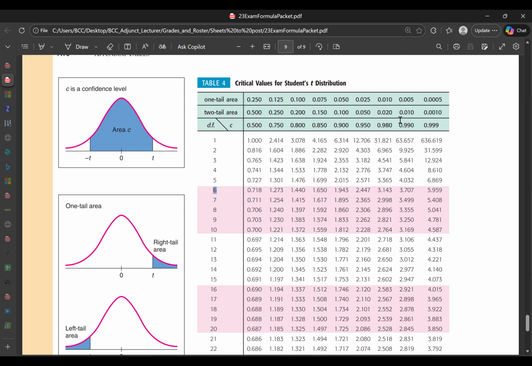Go across to 0.99. And then where do they intersect? 3.707. Yep. That's it. You go to the 6, that's your degrees of freedom, and your confidence level is 0.99. Boom. So 3.707.